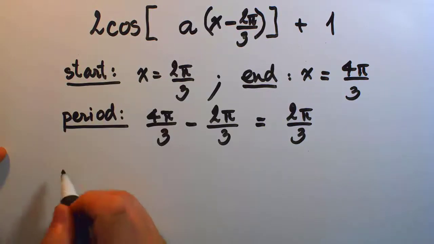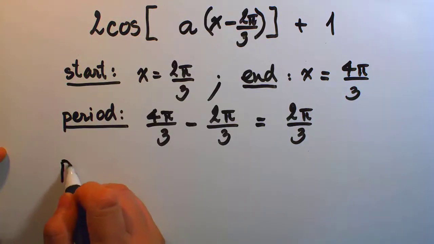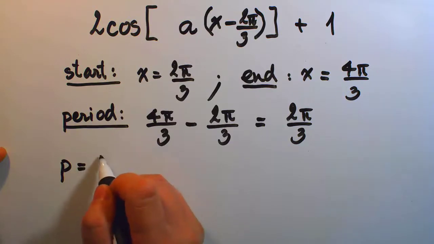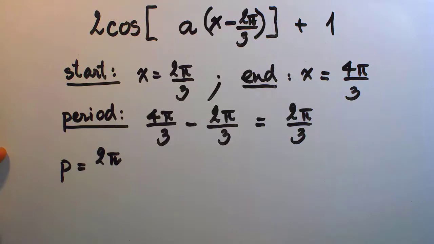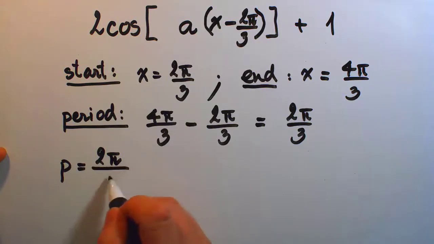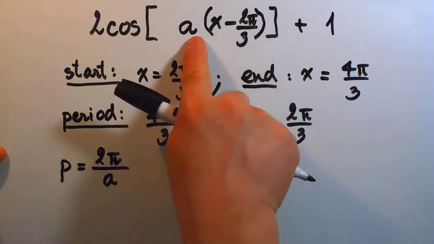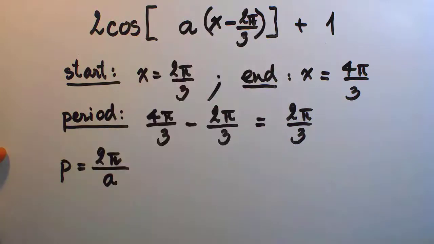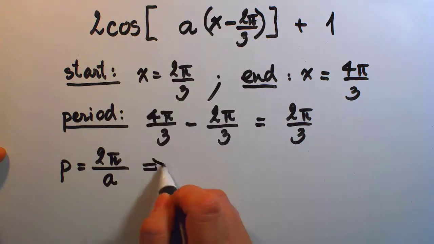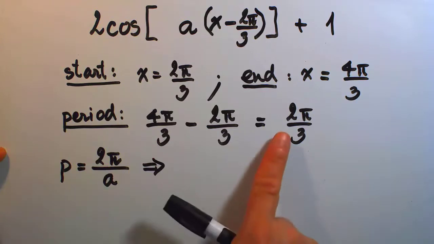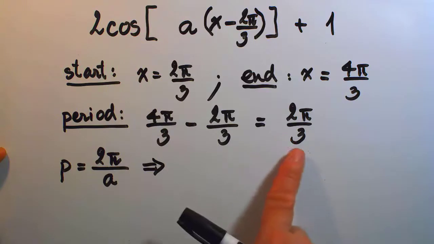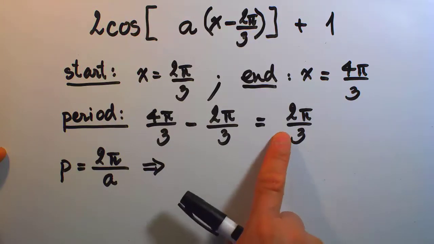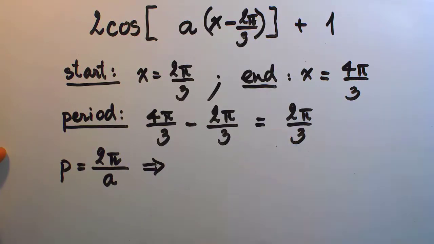And then the period on any cosine function is always related to the period of the standard cosine function, 2 pi, divided by a, the coefficient inside of your cosine function. Since we already found our current period for this sinusoidal graph to be 2 pi over 3, I am going to substitute this 2 pi over 3 into the period on the left hand side of this equation.